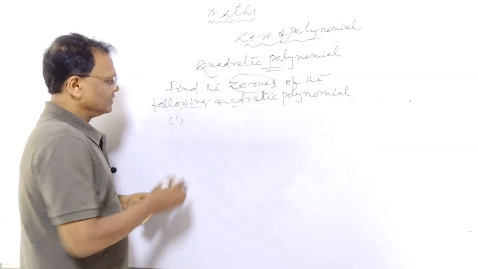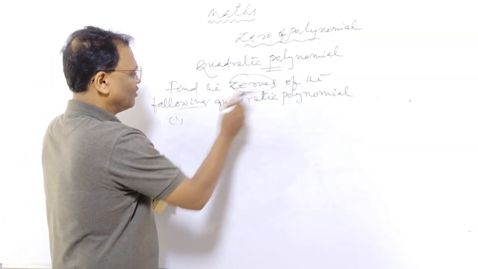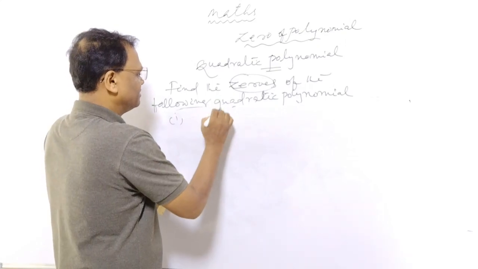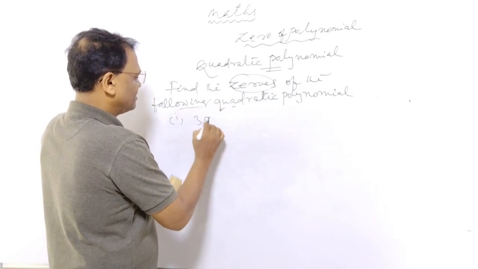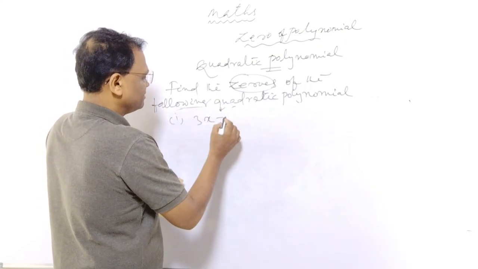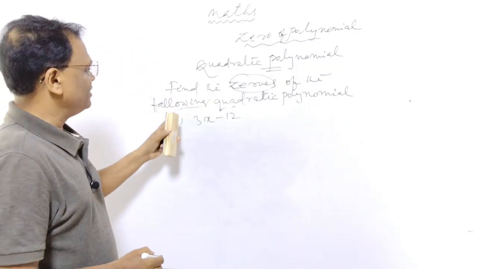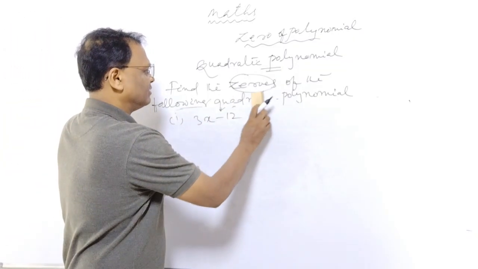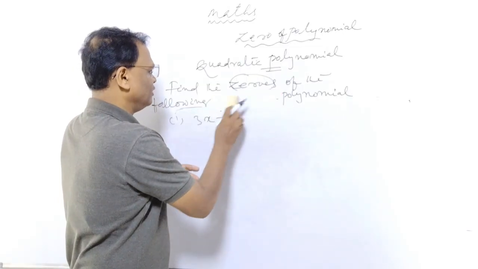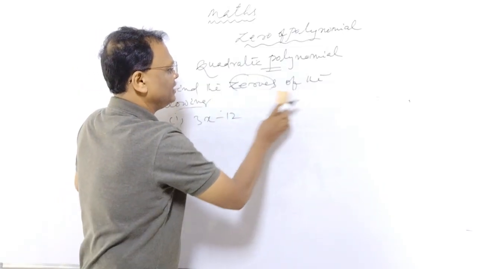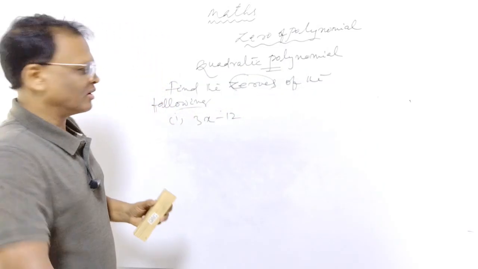Find the zeros of the following polynomial, not only quadratic. The polynomial may be linear or may be quadratic.